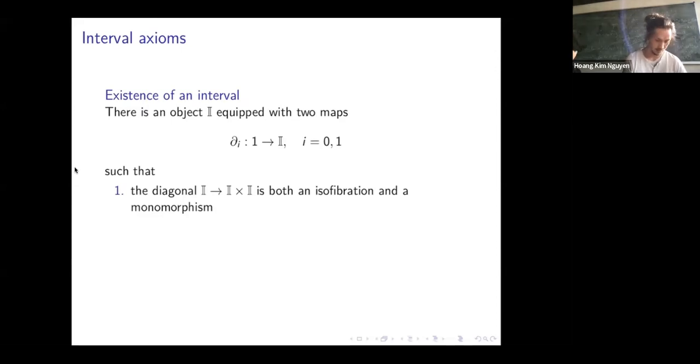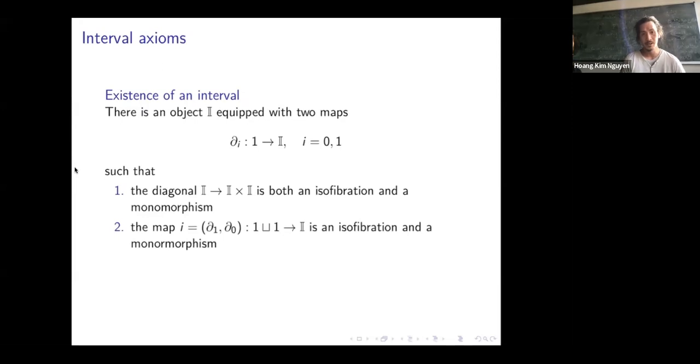That's what should be here. And if we take the sum of those endpoint inclusions, then it's an isofibration and a monomorphism.